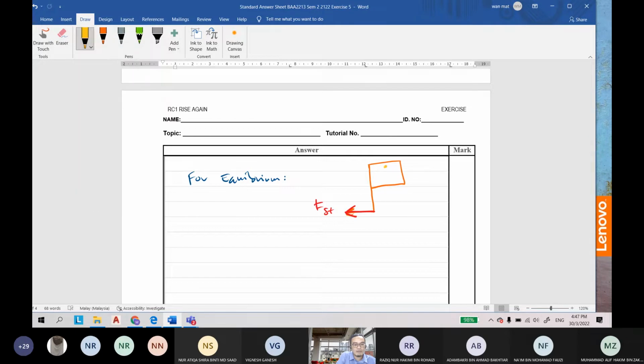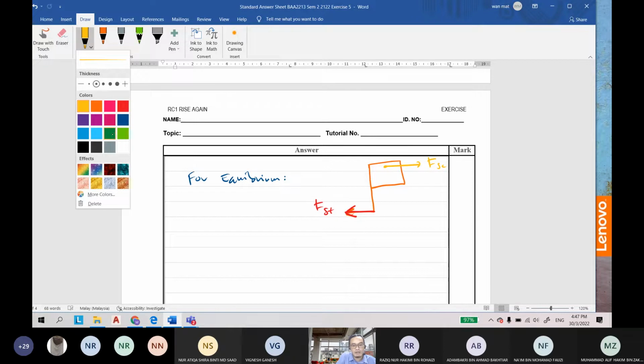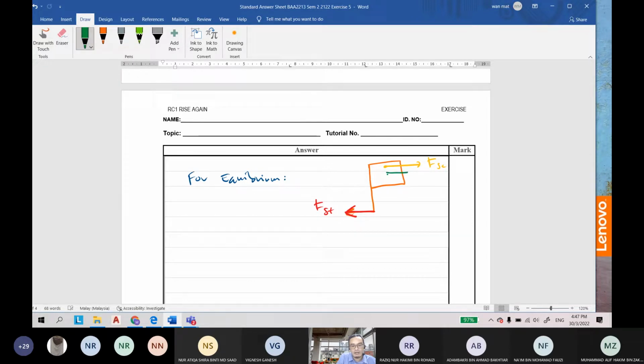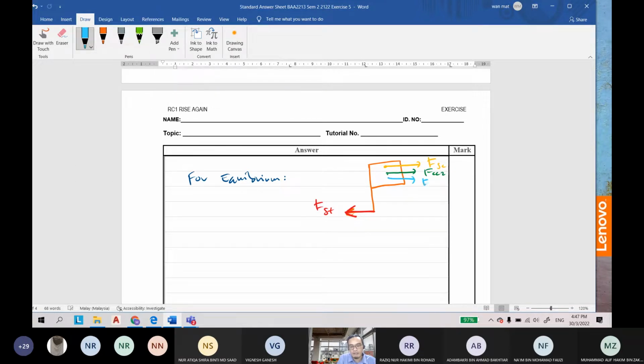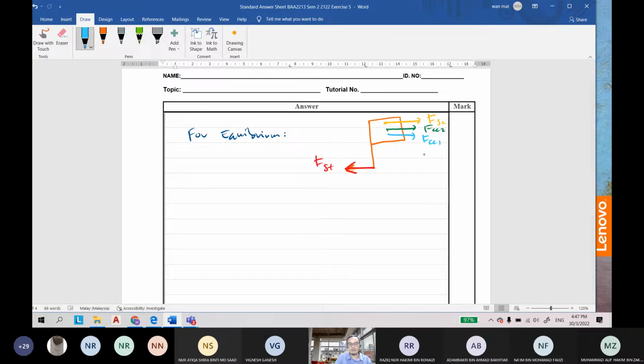Yellow here is FSC. Green here, the second one, is FCC2, and then the blue is FCC1. So for equilibrium, it must be equal.